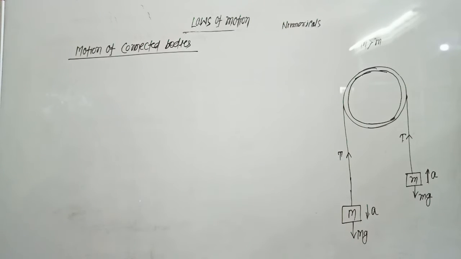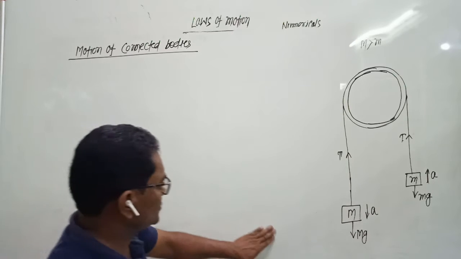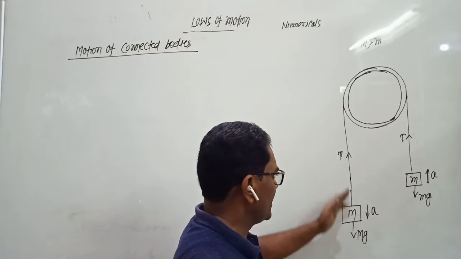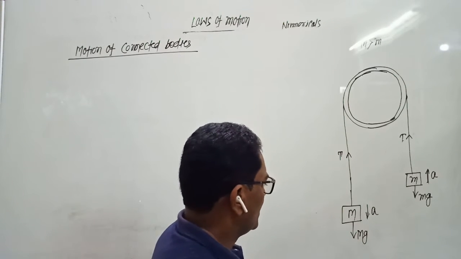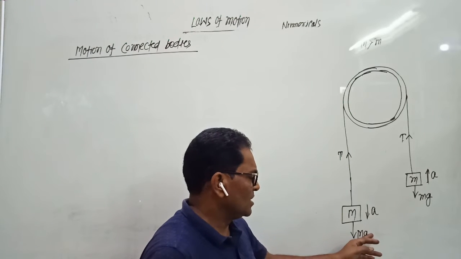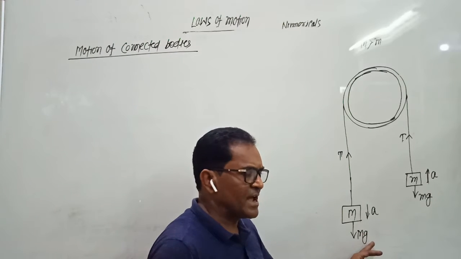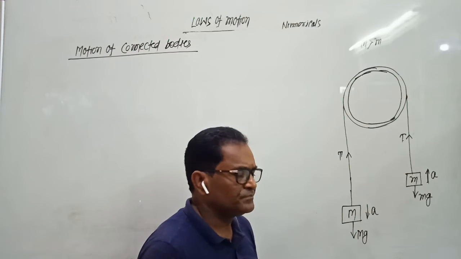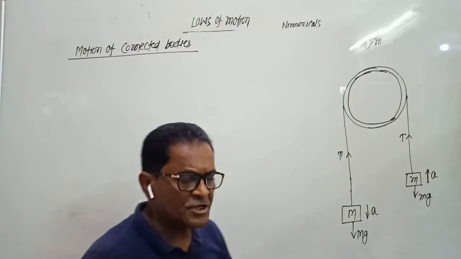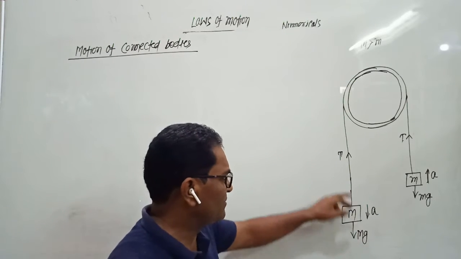This mass is going in the downward direction, so Mg is taken positive. The direction in which it is moving is taken positive.